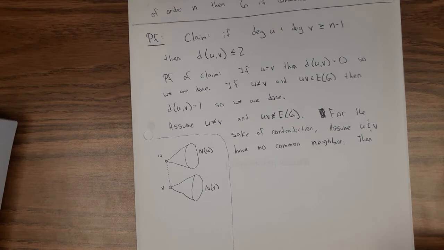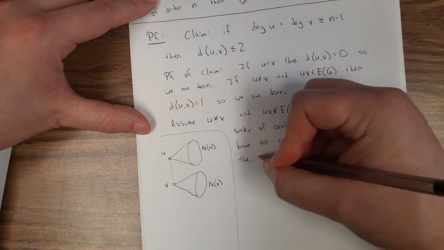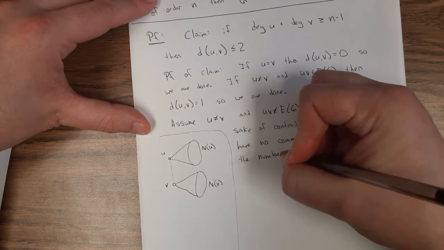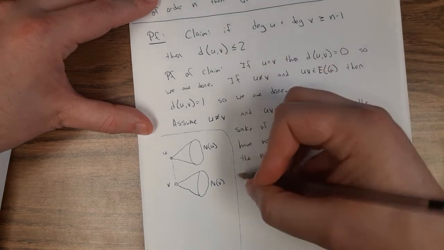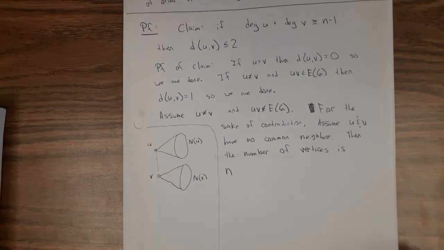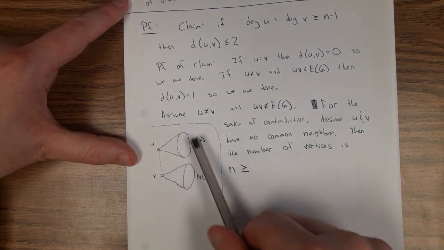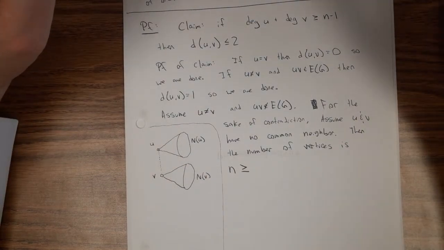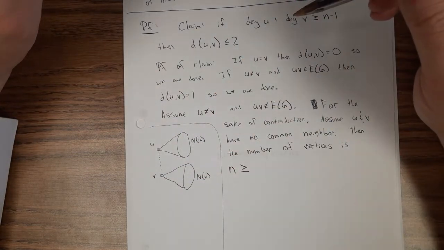Then we get the contradiction we're looking for just by counting the vertices in the graph. First of all, the number of vertices is supposed to just be n. But looking at the picture and thinking about what we know, let's count the number of different vertices that we already know about.